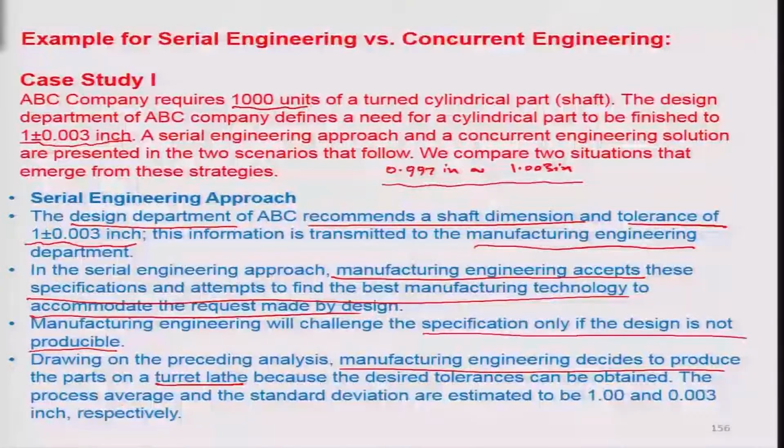The specifications that they find out of the turret lathe from their standard sheets are a process average of 1.00 and a standard deviation of 0.003 inches respectively. So, let us look at this by assuming certain unit costs of the raw material. For example, in this case let us assume the unit cost of raw material to be about $10 per piece.